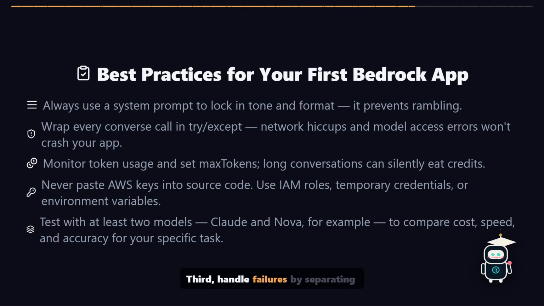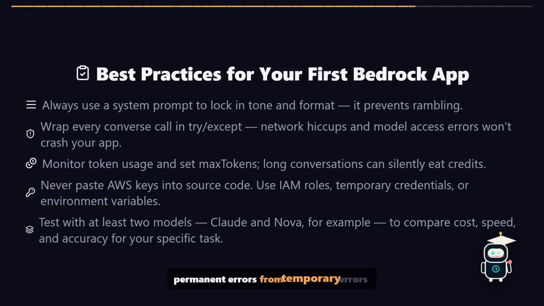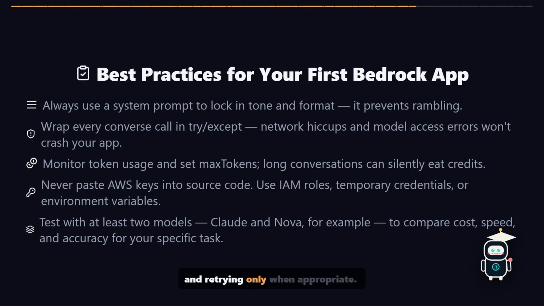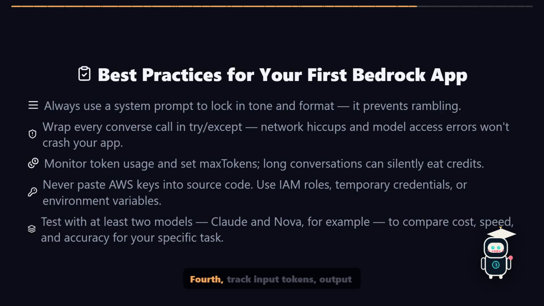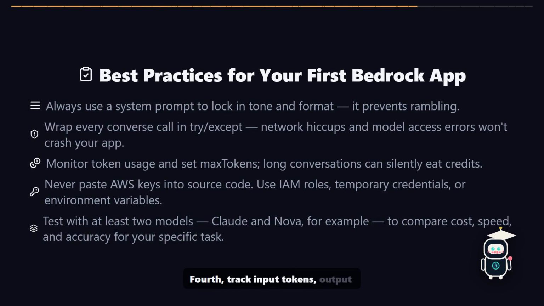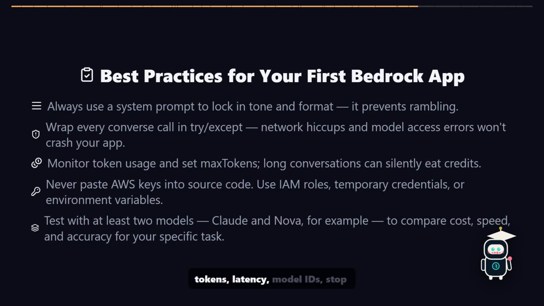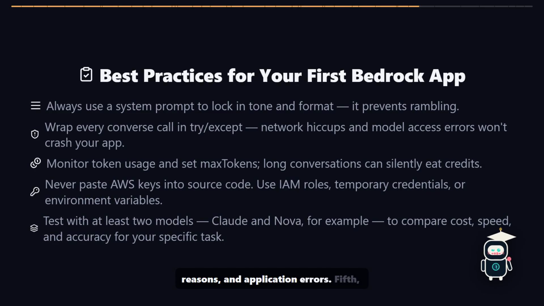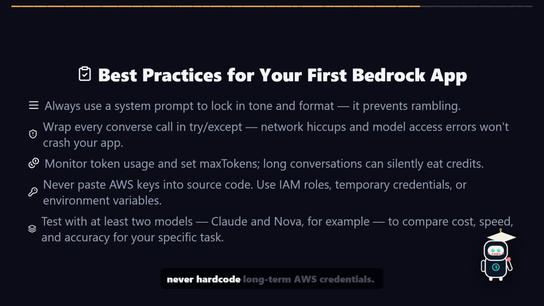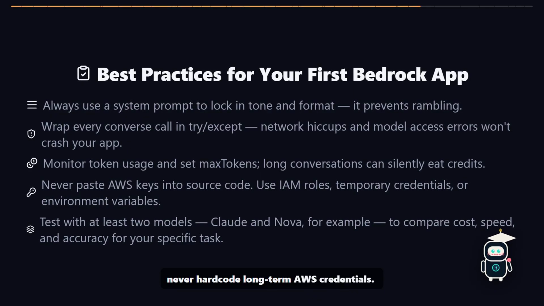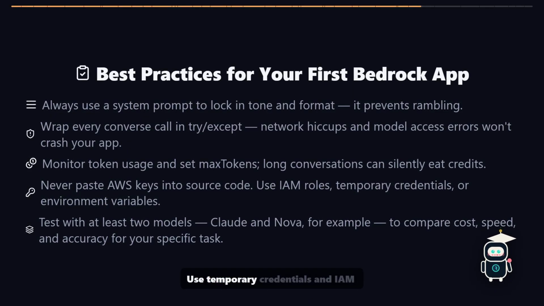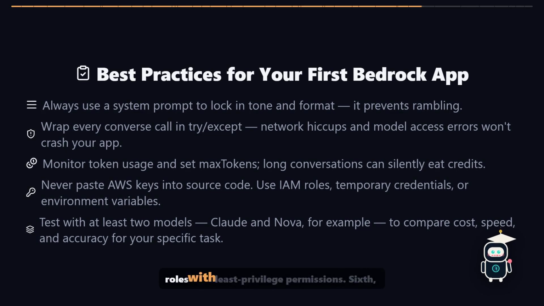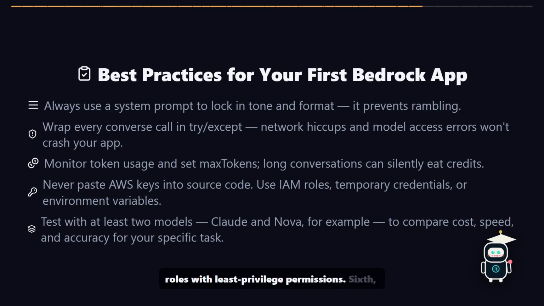Third, handle failures by separating permanent errors from temporary errors and retrying only when appropriate. Fourth, track input tokens, output tokens, latency, model IDs, stop reasons, and application errors. Fifth, never hardcode long-term AWS credentials. Use temporary credentials and IAM roles with least privilege permissions.